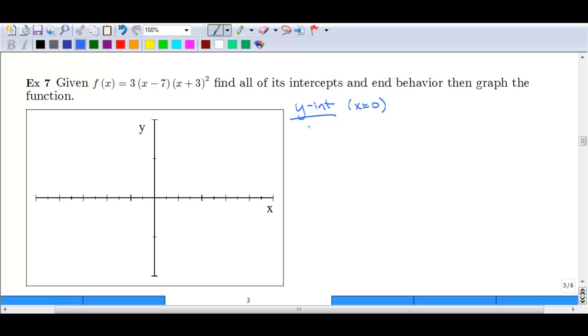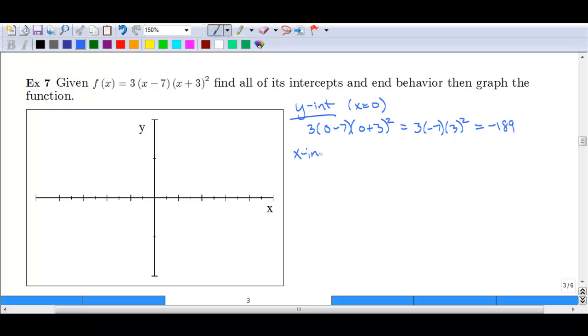If you plug in x equals 0, you get 3 times 0 minus 7 times 0 plus 3 squared. So that ends up being 3 times negative 7 times 3 squared, which comes out to be negative 189, which is a large number, but that's okay. We can adjust our scale.